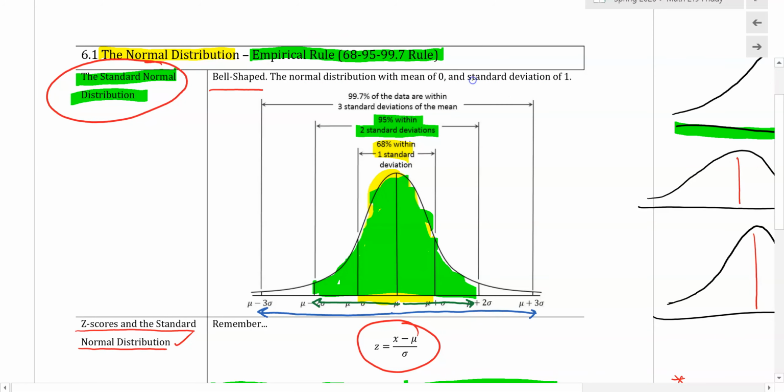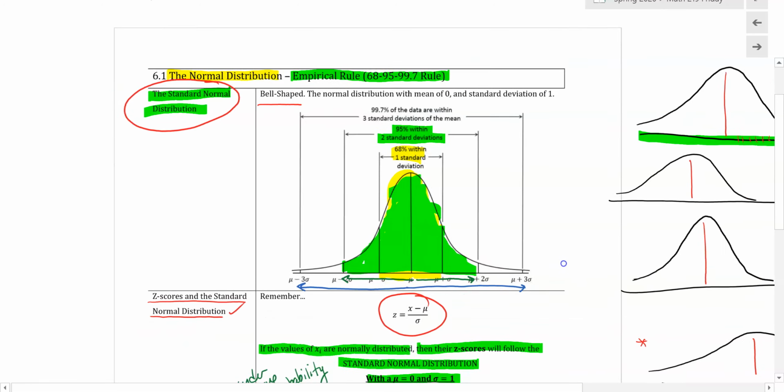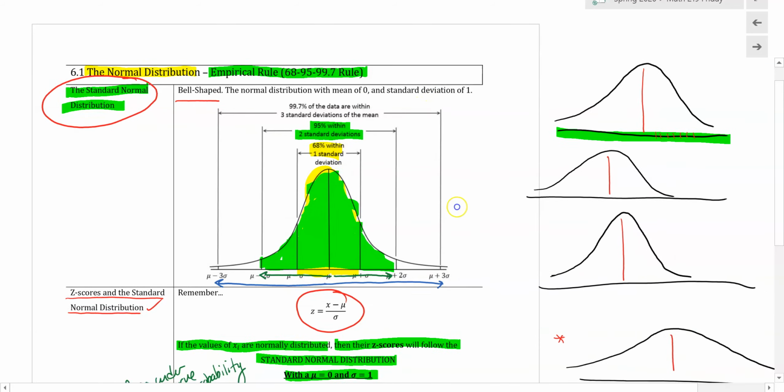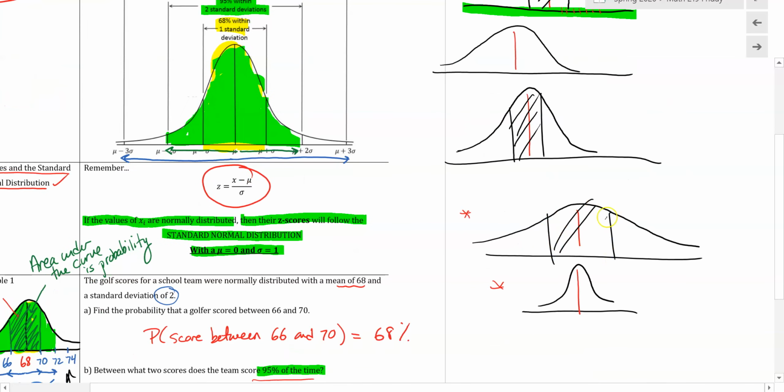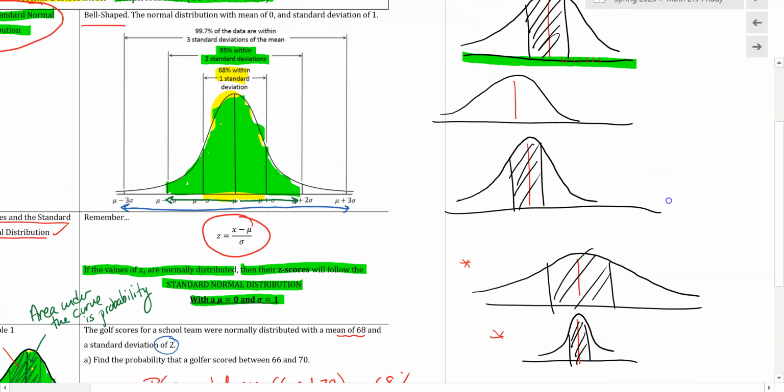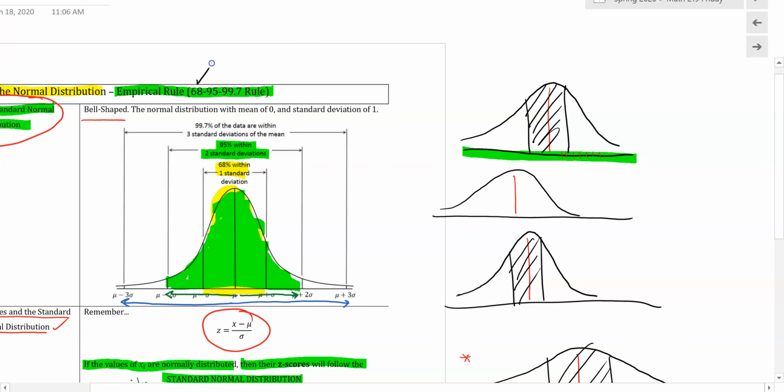Know that whether you're on a standard normal distribution or any one of these normal distributions, when you go a standard deviation right and left, that covers 68% of your data, whether it's on this guy, or the fat one, or the skinny one. One standard deviation left and right covers 68% of your data. 2 standard deviations covers 95%, and 3 standard deviations covers 99.7% of your data if you go 3 standard deviations left and right.